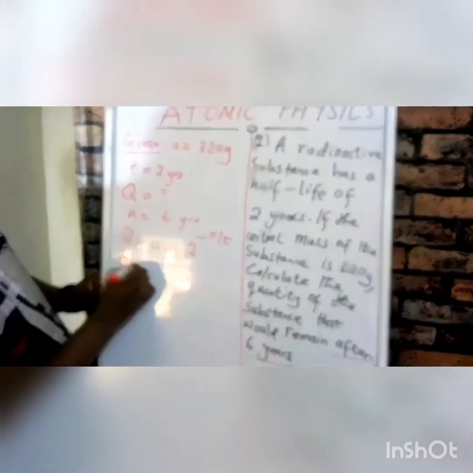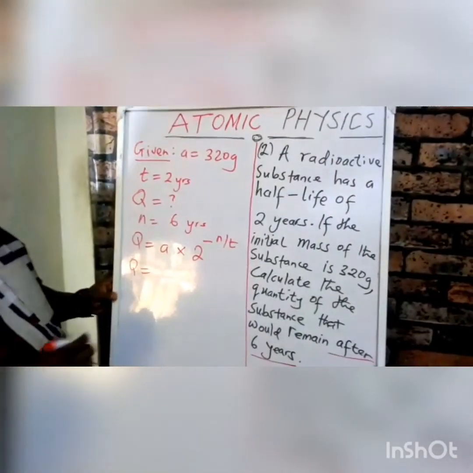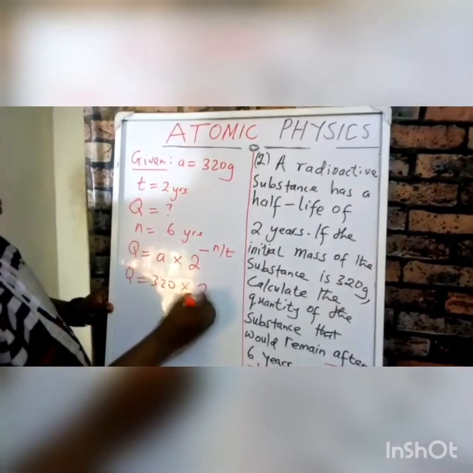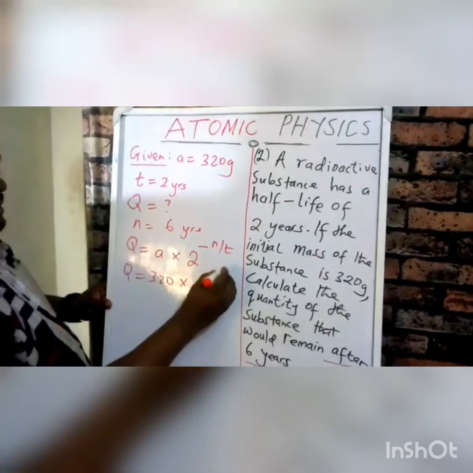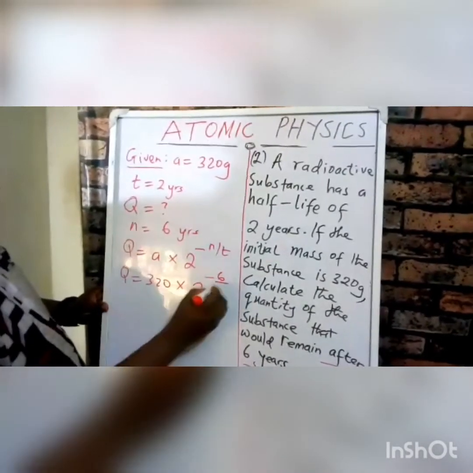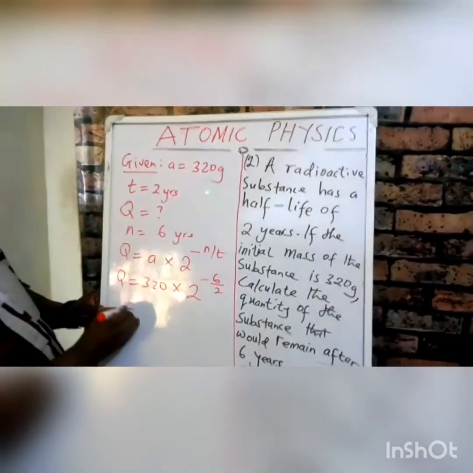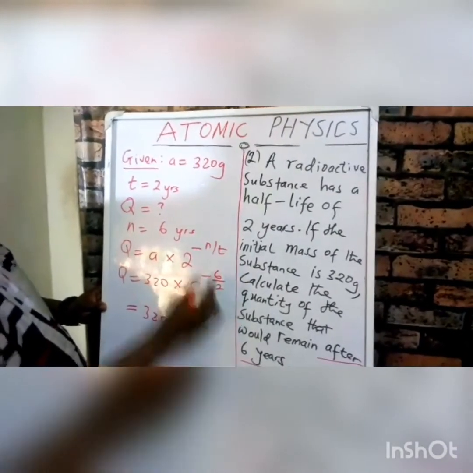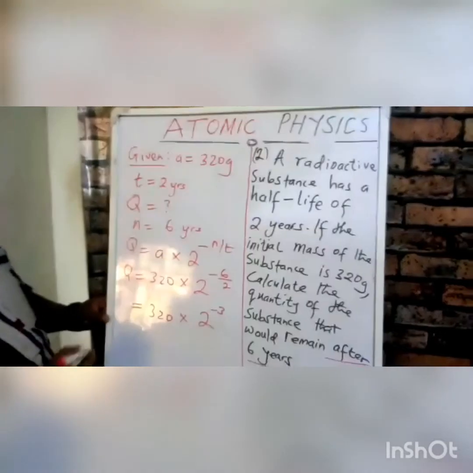Q is what we're looking for. So it's a straightforward question this time. A is given to us as 320 times 2 raised to the power. Our N is 6. And the half-life T is 2. So what do we have here? We have 320 times 2 raised to the power minus 3, because 6 divided by 2 is 3.